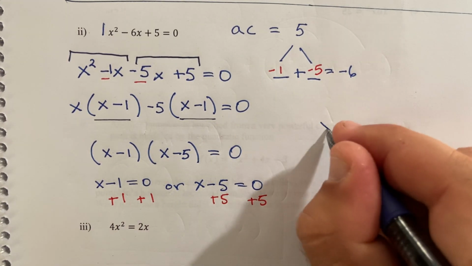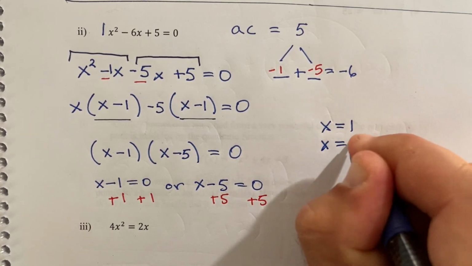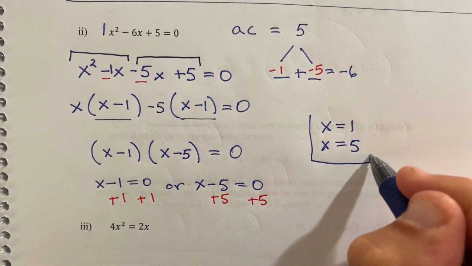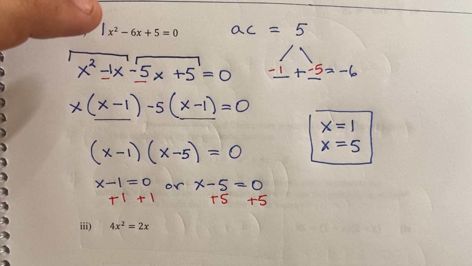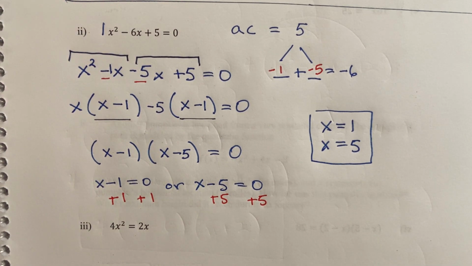So it looks like we're getting x equals 1 and x equals 5. Okay, I'll leave it up to you to check, but those should check. If you plug in a 5, you should see that, yeah, indeed you get a 0 on the left.